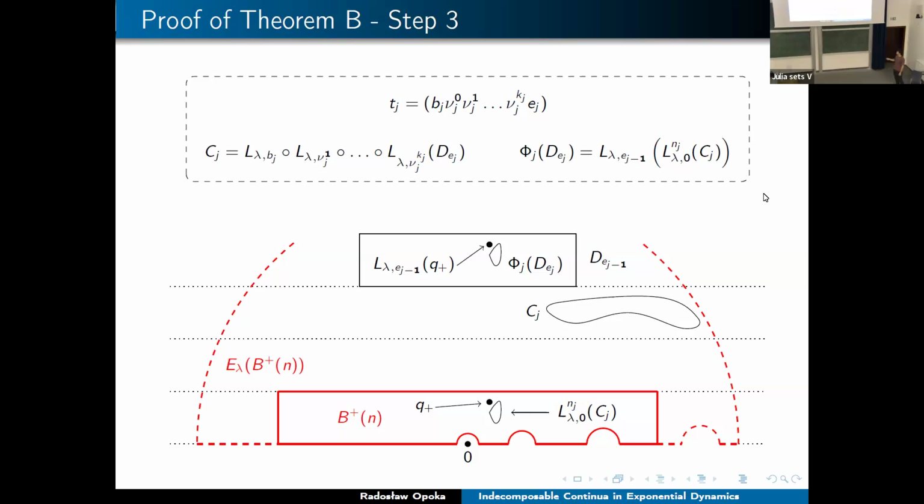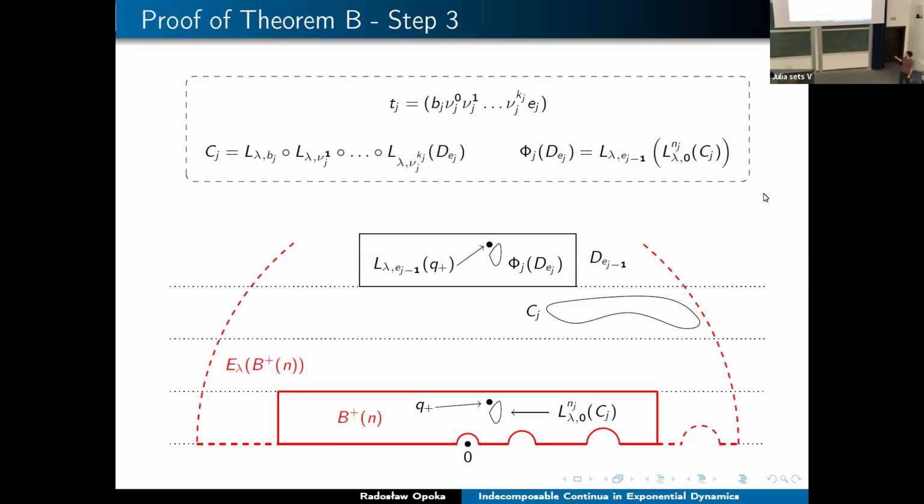And from the construction, we see that this point, which lies in this intersection of sets GJ, has orbit which is arbitrarily close to the Q plus. Q plus if the BJ is positive, Q minus if the BJ is negative.